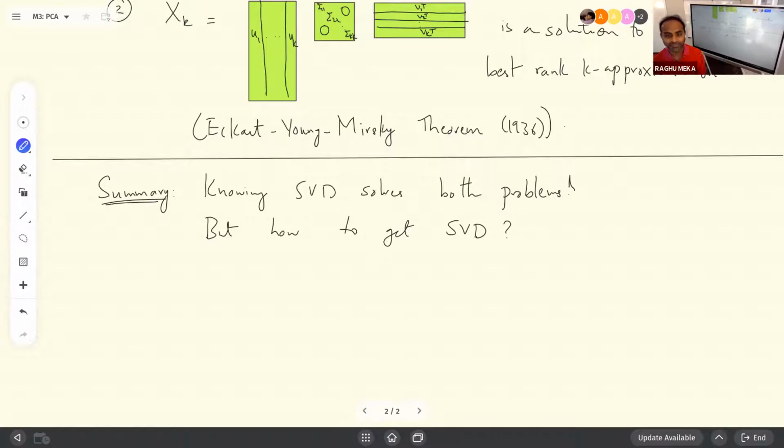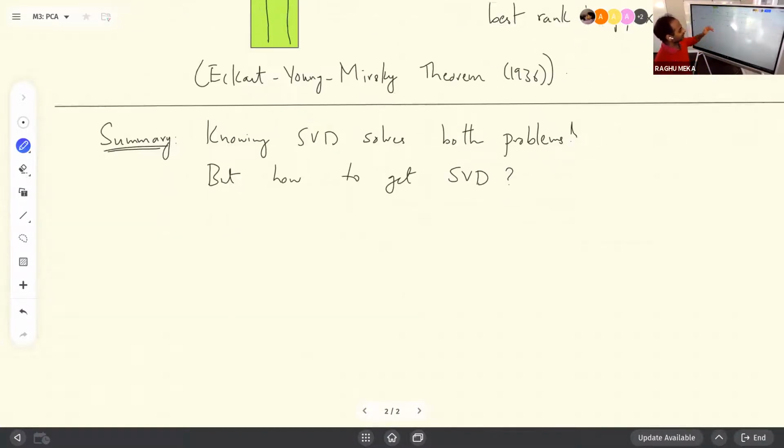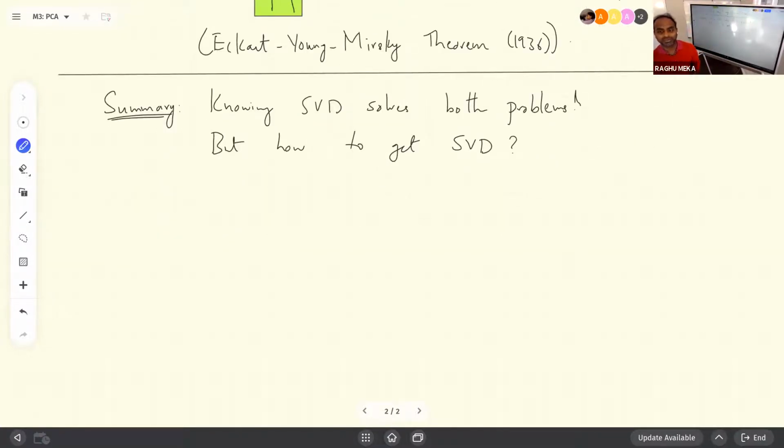Okay, so we'll address that next. How do I compute the singular value decomposition? And the reason we're taking this route is that once we use properties of this decomposition, the algorithm is easier to arrive at and to figure out when it will work and when it won't work.